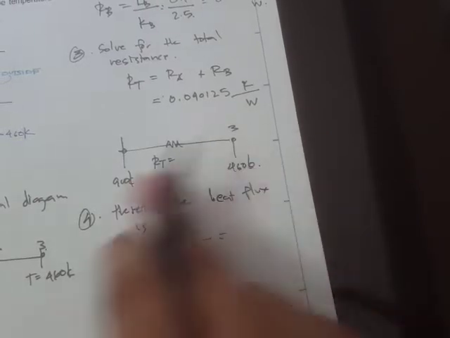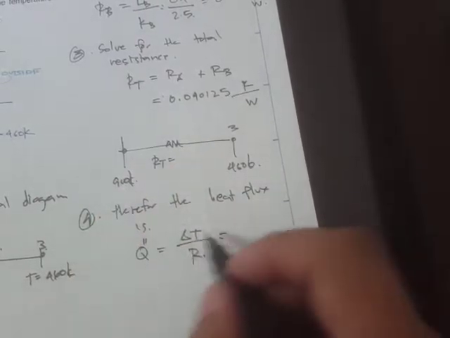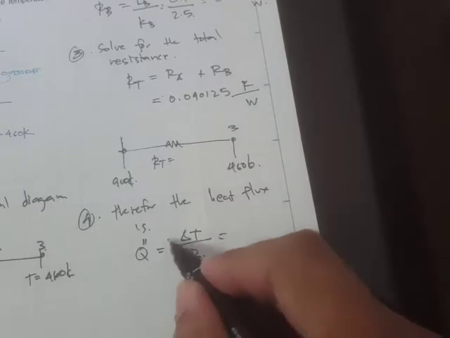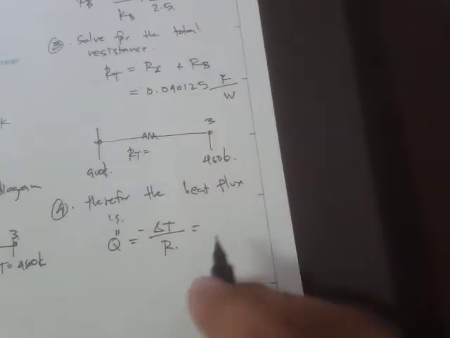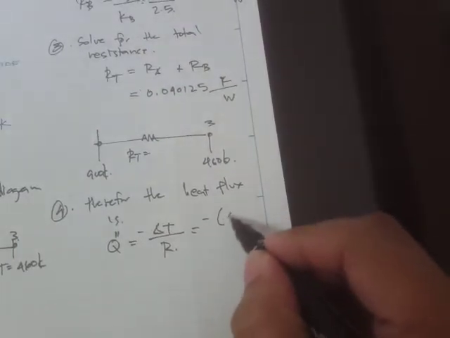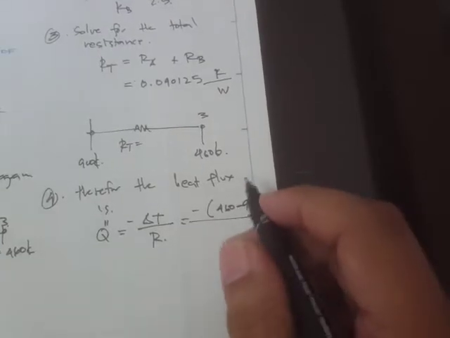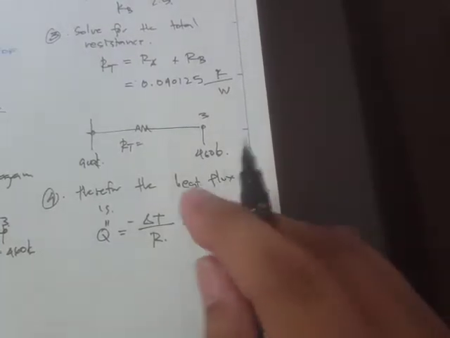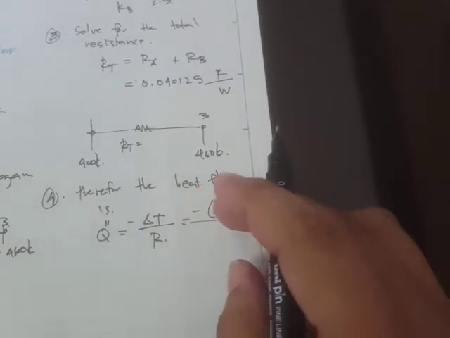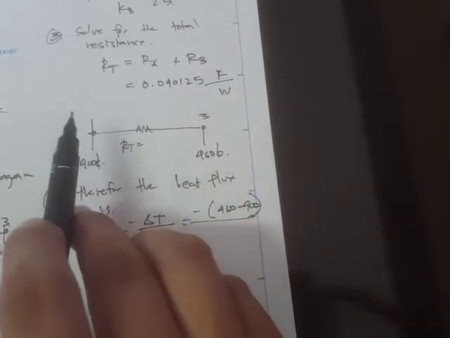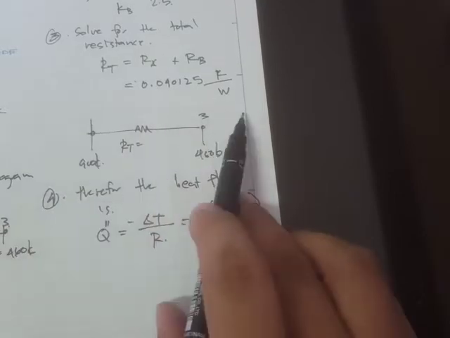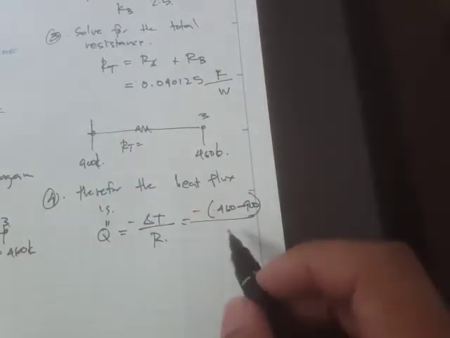This is 460 minus 900, so recall that we have a negative sign here, so we just use 900 minus 460 to make it positive. But the physical interpretation is that heat flows from a region of higher temperature to a region of lower temperature.